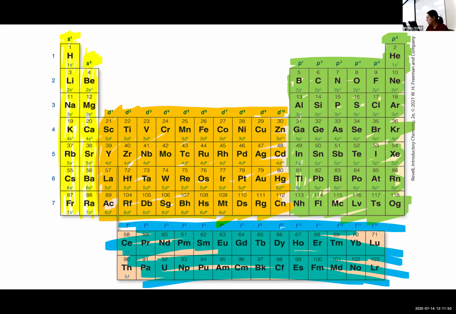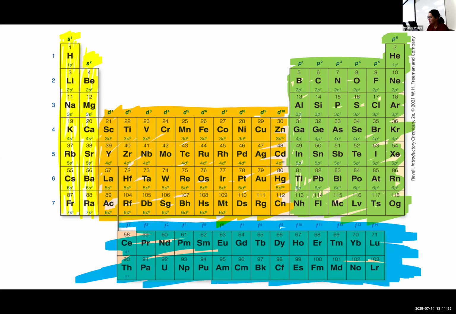I know I'm a talented artist, I can't draw in the line. But yeah, so as we go across, we kind of go across this way. You always start lowest to highest, so go by row. So you start with the S's and then you move down.